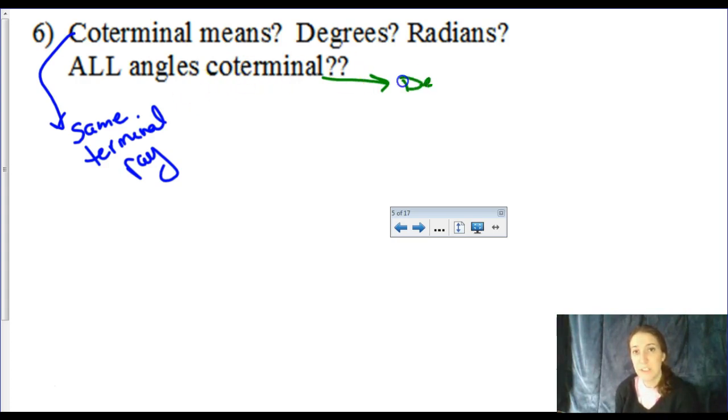If you're measuring in degrees, I think your book says to just add 360 n or k or something, but I like the notation of using plus or minus because it reminds me that I can go both directions. So plus or minus 360k, and you can use any variable you want.